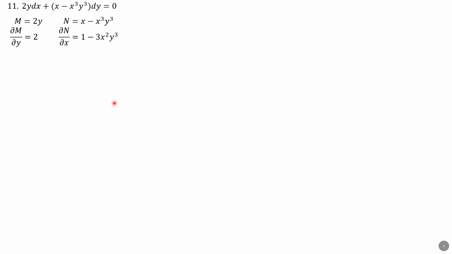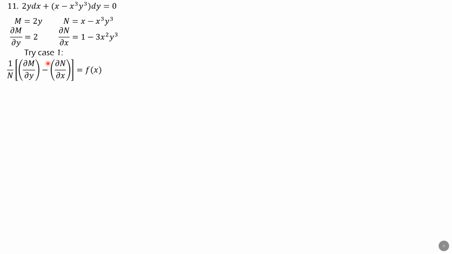Then let's try case 1, that is, if it is a function of x alone, f of x. So 1 over N times the quantity partial of M with respect to y minus partial of N with respect to x, if it is f of x.